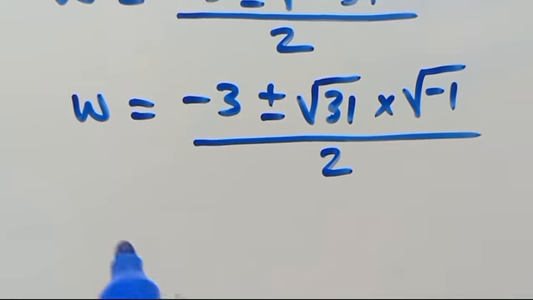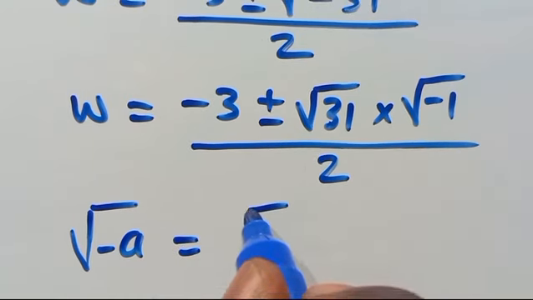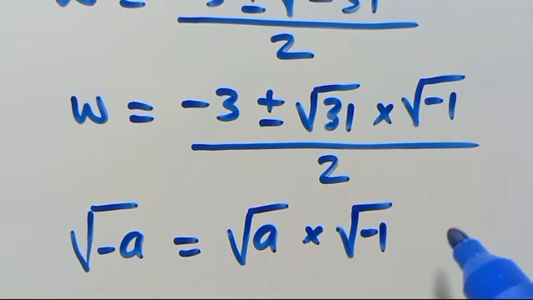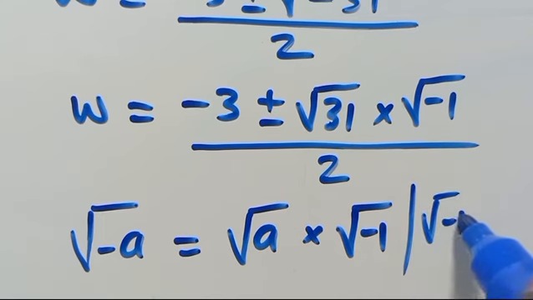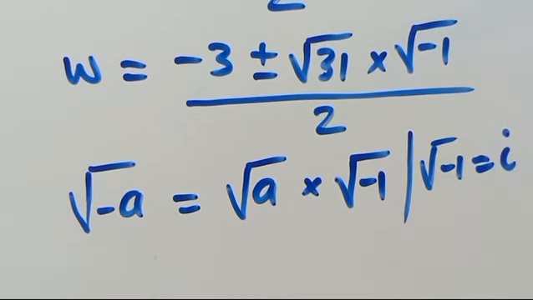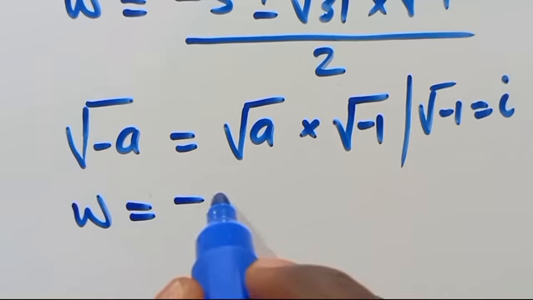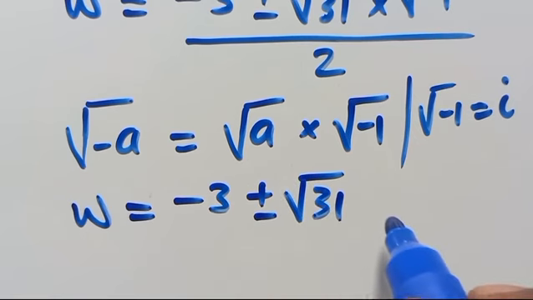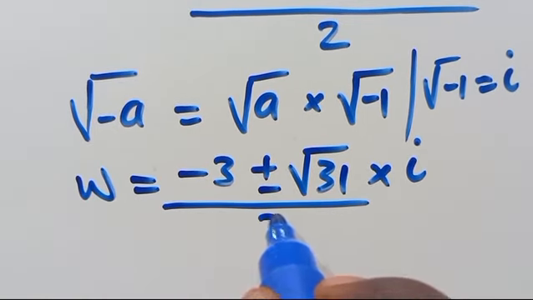Let us recall that root of minus a equals root of a times root of minus 1, but root of minus 1 equals i in a complex space. So W equals minus 3 positive or negative root of 31 times i, over 2.